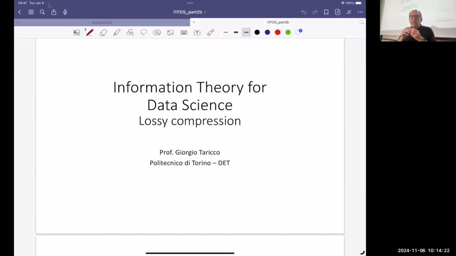Okay, today we are starting the part on lossy compression. First, we are going to see algorithms for quantization. And then we are going to give these algorithms an information theoretical interpretation by using the so-called rate distortion function.